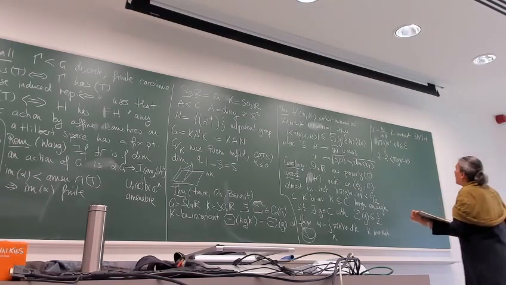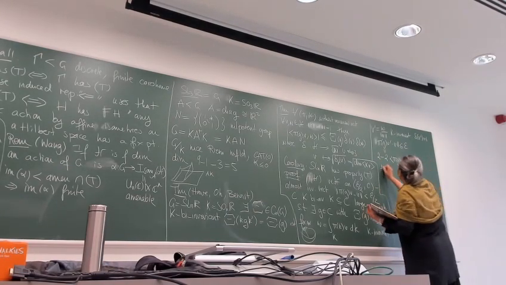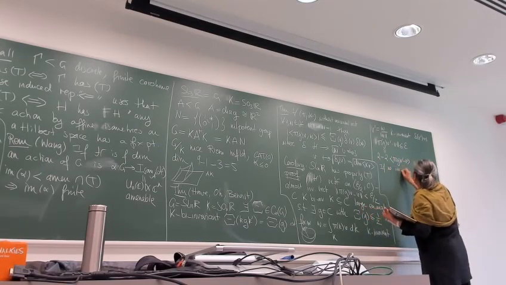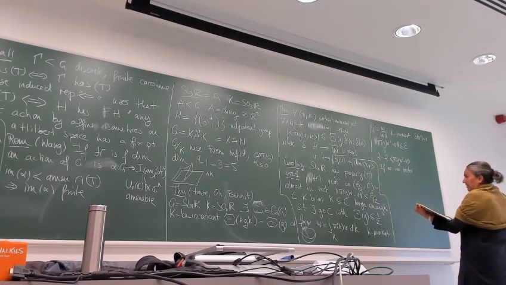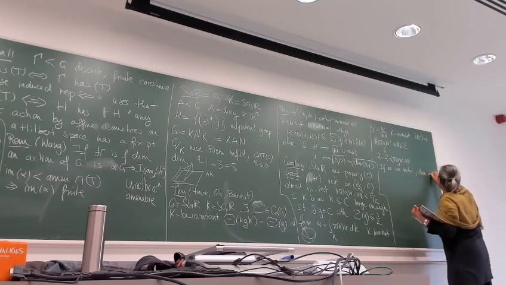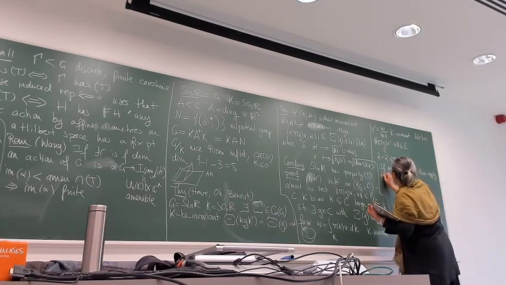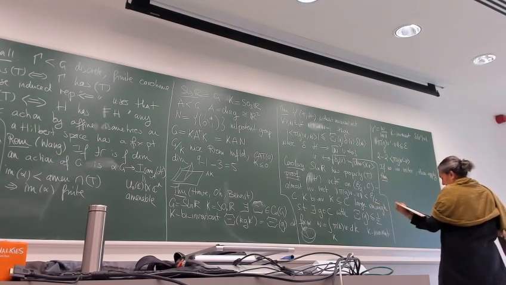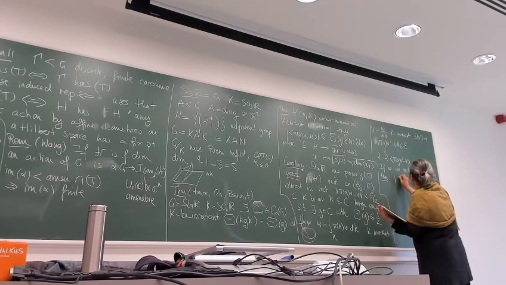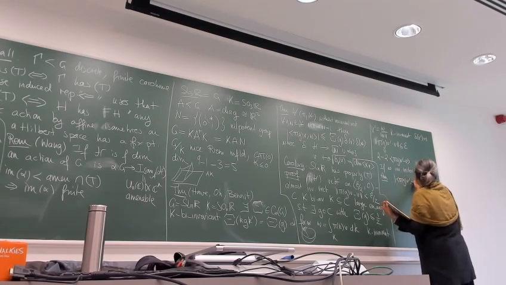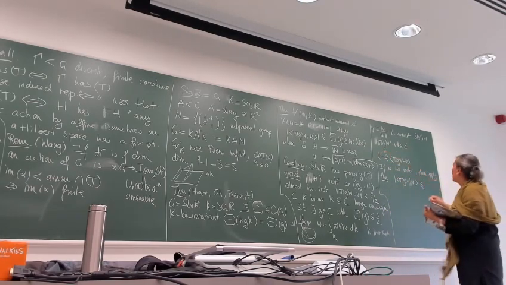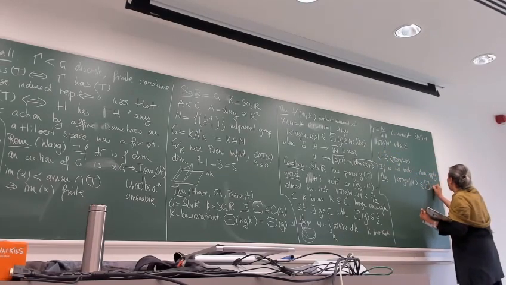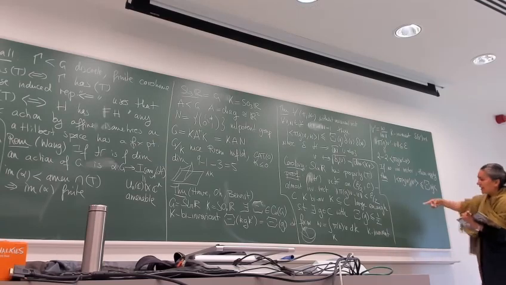And so if you have no invariant vector, then you apply the theorem, and you get that pi g v prime, v prime is less than or equal to your Harish-Chandra function, which is less than 1/2.